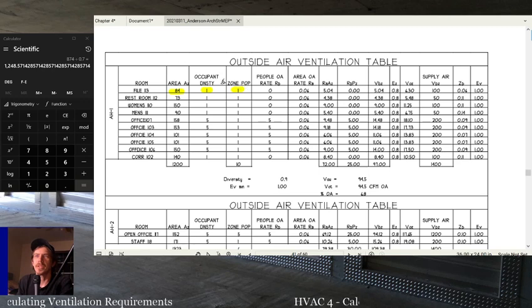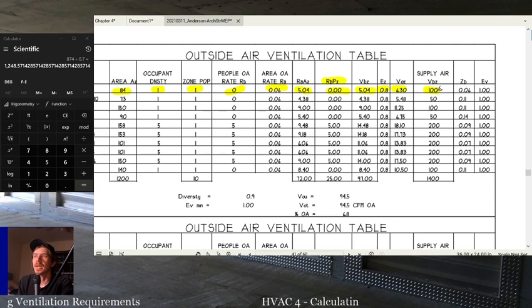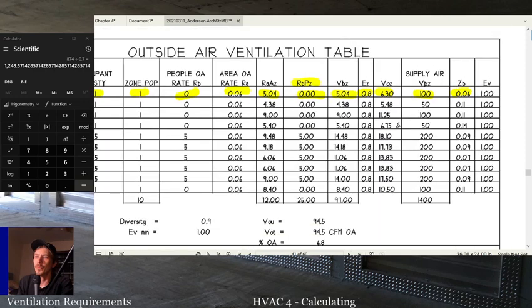And then the zone population, which is based on the occupant density, the people rate that's required, which we did, the area rate, which we did, the sum of RA and AZ, 5.04, the sum of the zone area times the people in the zone, the ventilation required to the breathing zone, the zone air distribution effectiveness, the actual ventilation air required, the supply air required to the breathing zone, and then ZP and EV, which I can't even remember now.